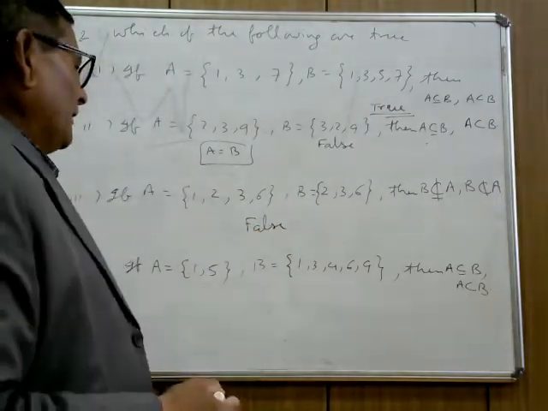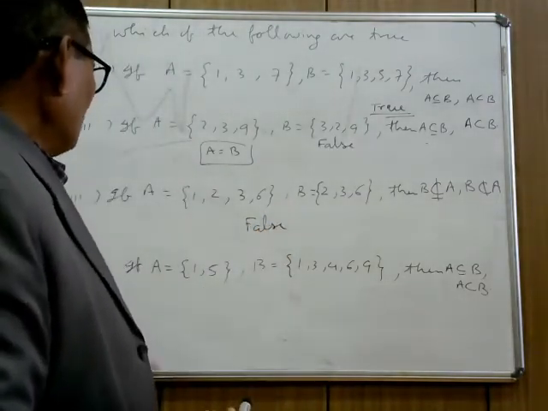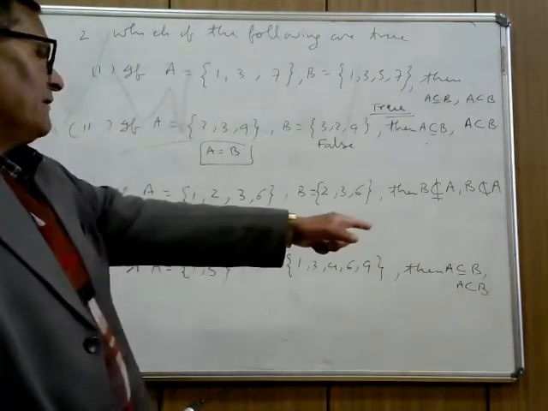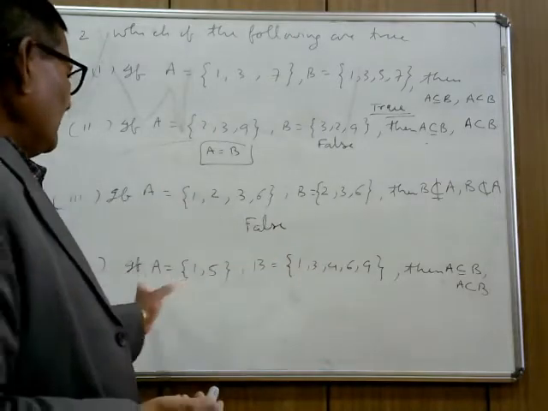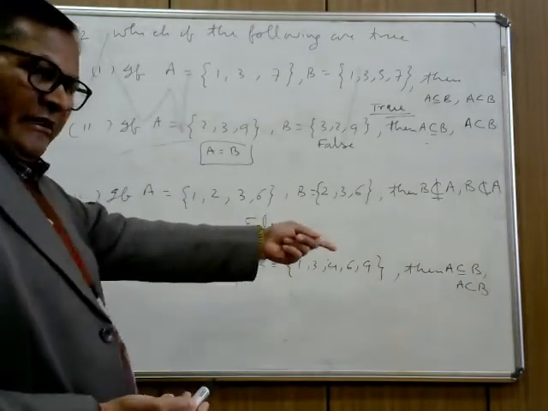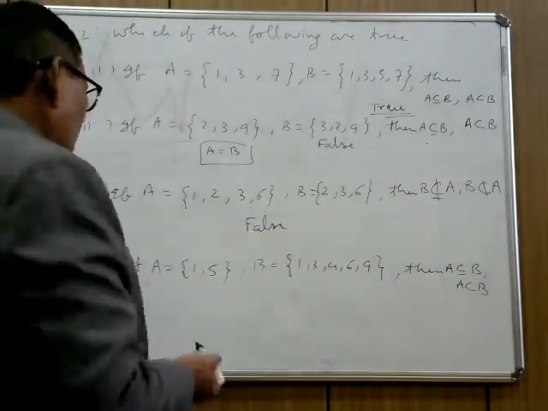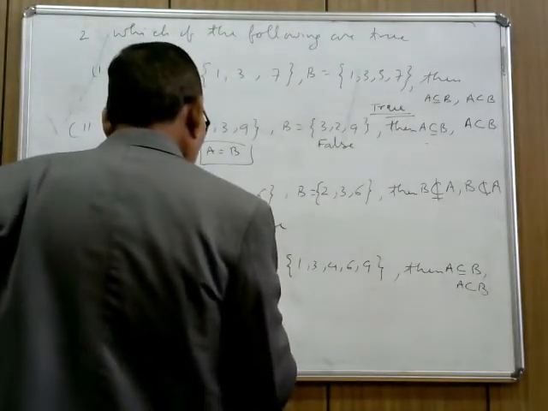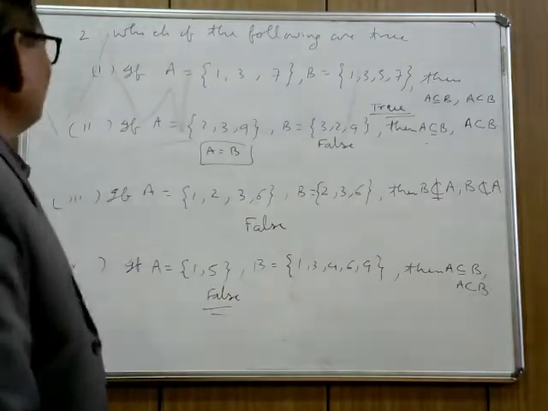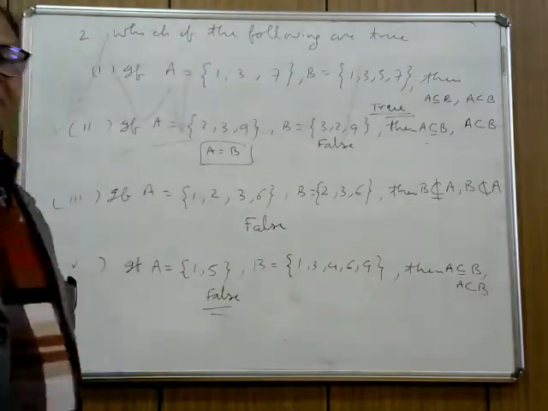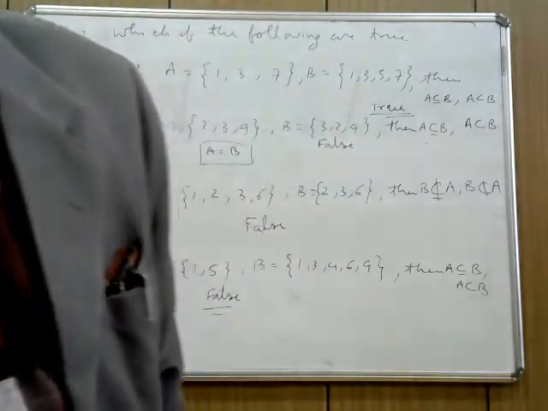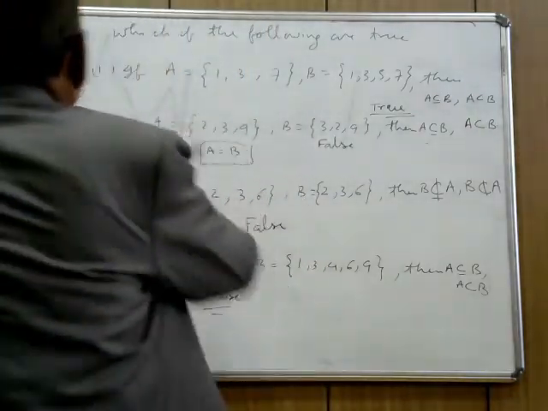If A equal to {1, 5}, B equal to this, 1 belongs to A, 5 belongs to A, 5 does not belong to B, but you are given that A is a subset of B. A is not a subset of B, but it is given that A is a subset of B. So this is also false. So out of these four statements, the first statement is true and the remaining are false. Now comes the next question.